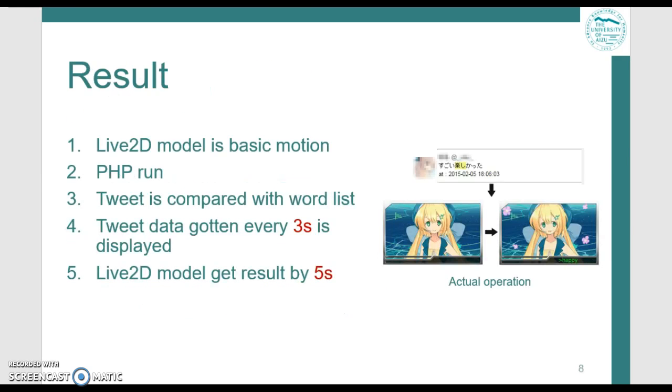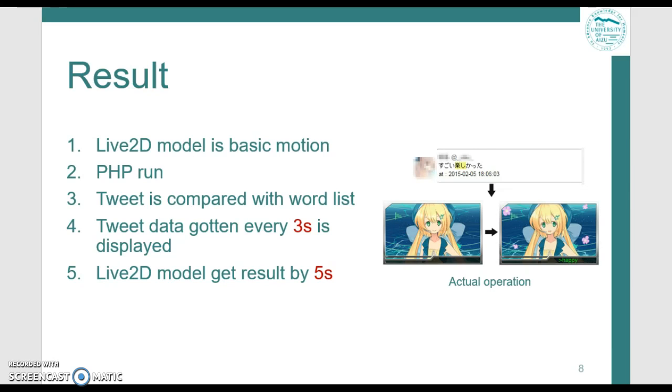As a result, this application worked in 4 steps. When we started to use this application first, the Live2D model was in basic motion. At the same time, PHP ran and got tweets. Next, the tweet was compared with the word list in JSON format.